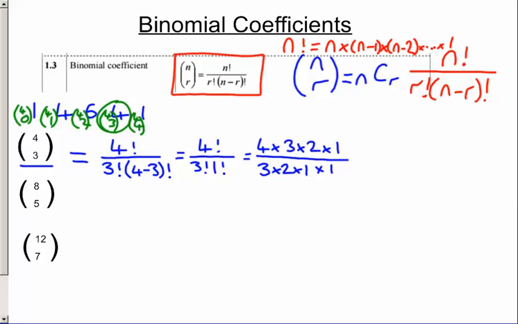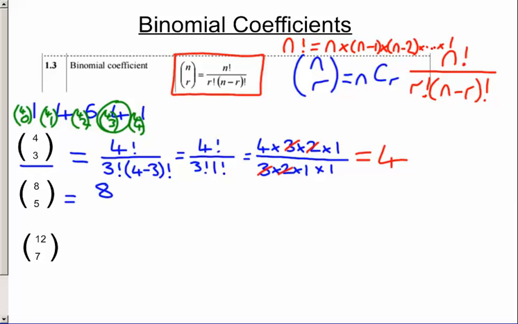And now what we can do is cancel elements on the top and the bottom. So the 1s don't matter anyway, the 2 cancels with the 2, the 3 with the 3, which just leaves us with 4. And we know 4 is the answer for this first one, because we saw that in Pascal's row. So let's look at the next one.